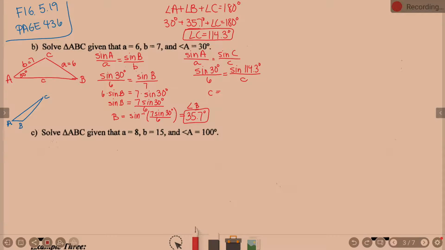So C is going to be 6 times sine of 114.3 degrees divided by sine of 30 degrees. Put it in the calculator and we get some magical answer, right? Magical answer of? Have we done it or not? What'd you get? 10.9. Okay.